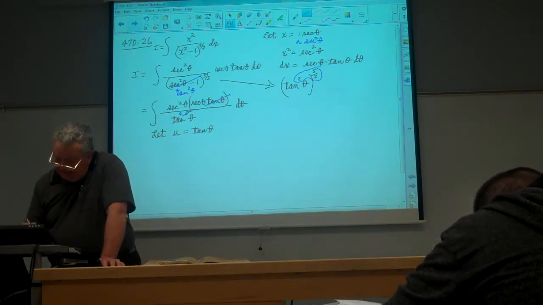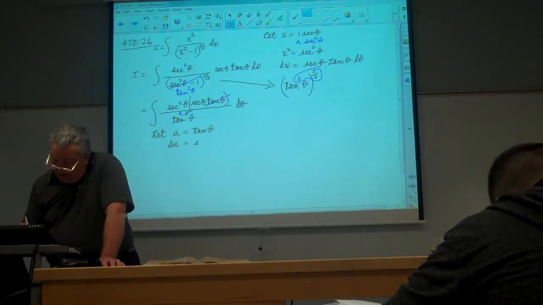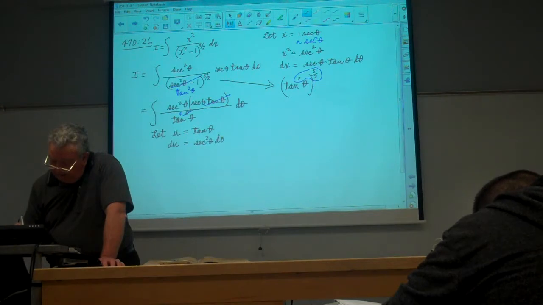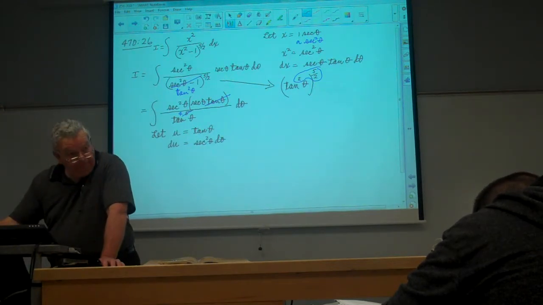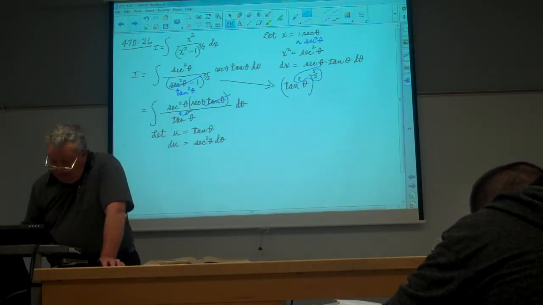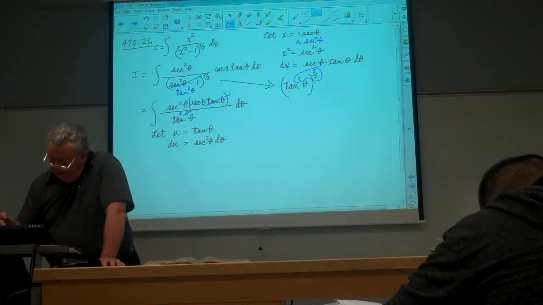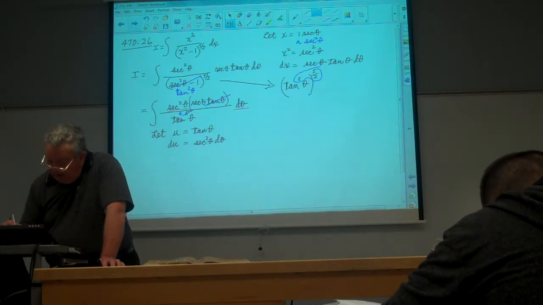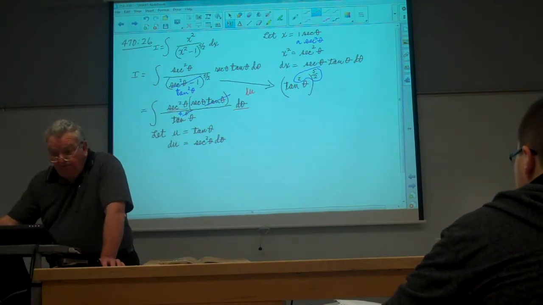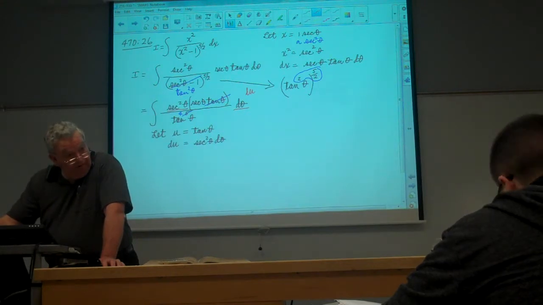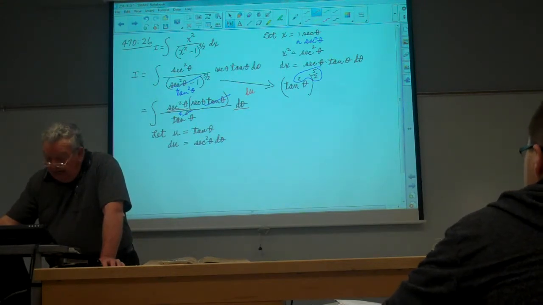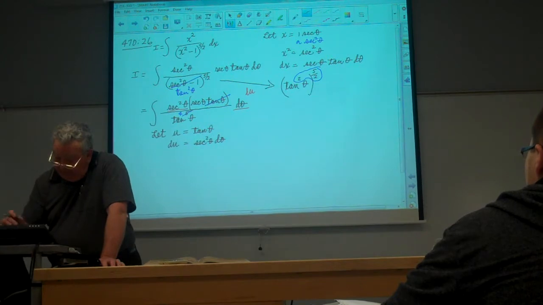And I think I can say that du is equal to secant squared theta d theta, right? So I think I can say, if I put these two together, that's du, isn't it? Agreed?